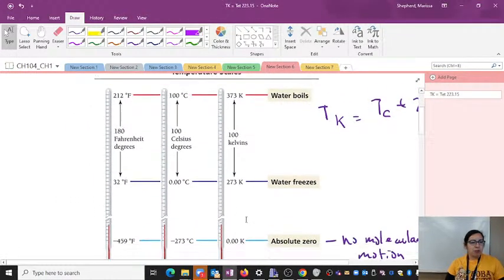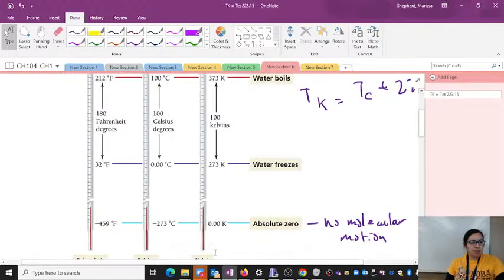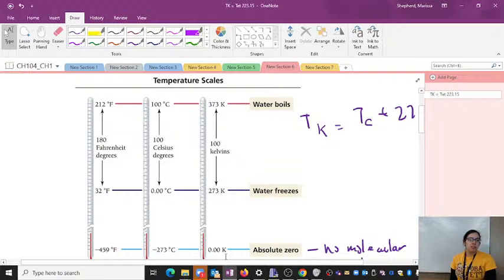Then, of course, we are more familiar with the Fahrenheit scale, at least in America. And of course we know water freezes at 32 degrees Fahrenheit or 0 degrees Celsius. So that is a nice thing about the Celsius temperature scale, that it's kind of easy to remember. They set it at easy numbers.